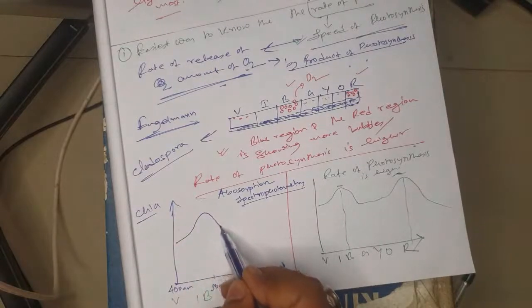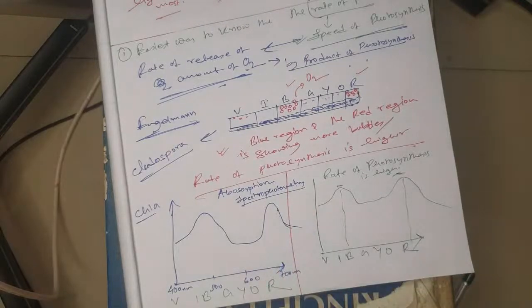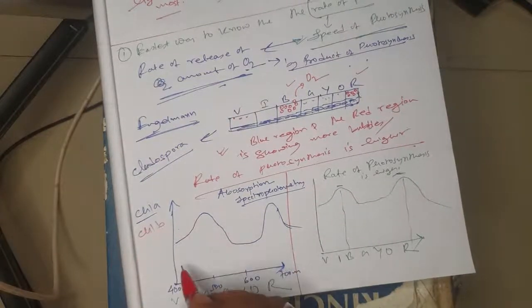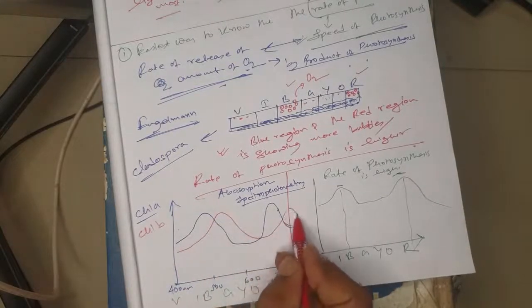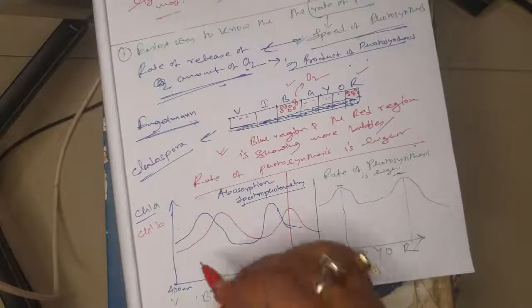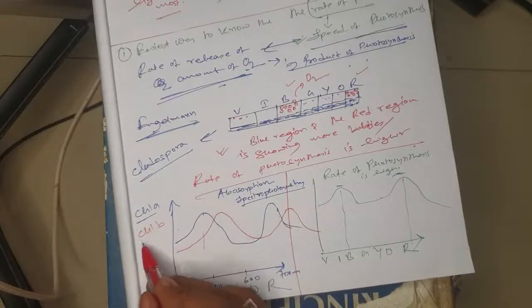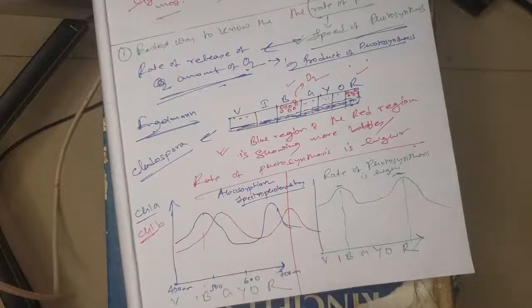The region of absorbance was like this. Now when we talk about chlorophyll B, the region of absorbance was slightly shifted, at a wavelength a little more than that of chlorophyll A. You see, chlorophyll A absorbed the blue light the best, and chlorophyll B absorbed at a slightly longer wavelength than blue, between blue and green.